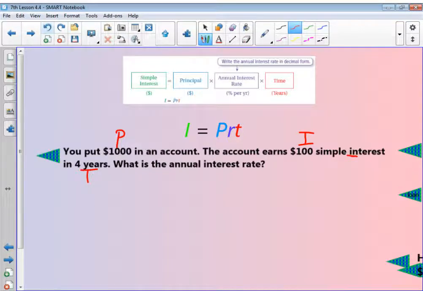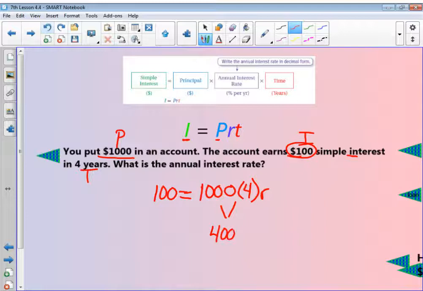So we're going to plug in what we know. Do we know the I? Yep, that's 100. The P is 1,000. We don't know the R, so I'll come back to that, but the T is 4 years. So I'm going to put R at the end. When I put these together, I get 4,000, and then I still have an R, equals 100.